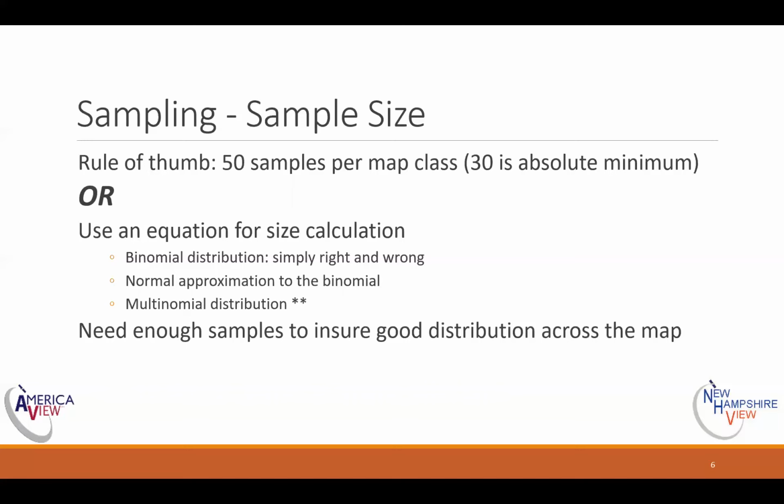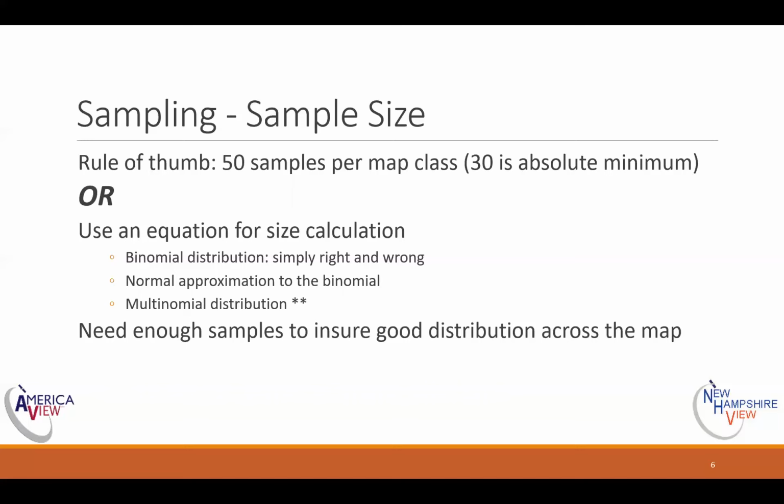But once you start talking about the error matrix, you're talking about a multinomial distribution where you have 1 possible right and then n minus 1 possible wrongs, where n is the number of classes in your map. So the multinomial distribution and that rule of thumb work out pretty equally, and either way, you're fine.